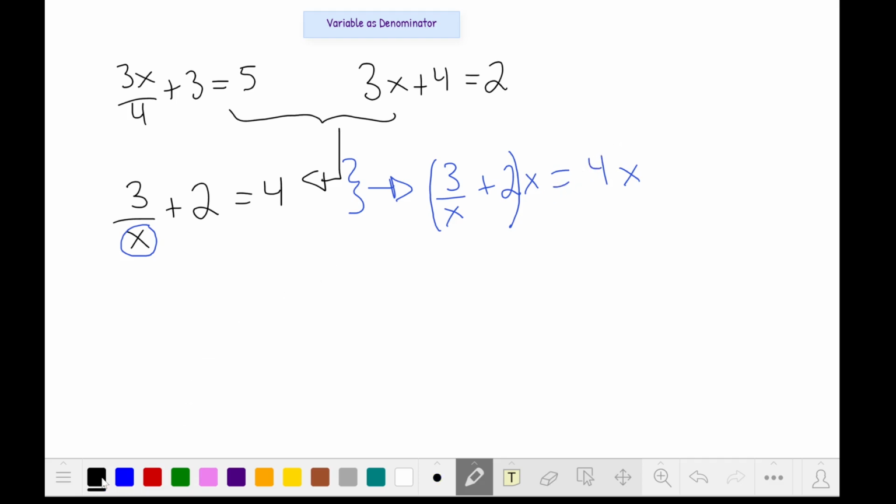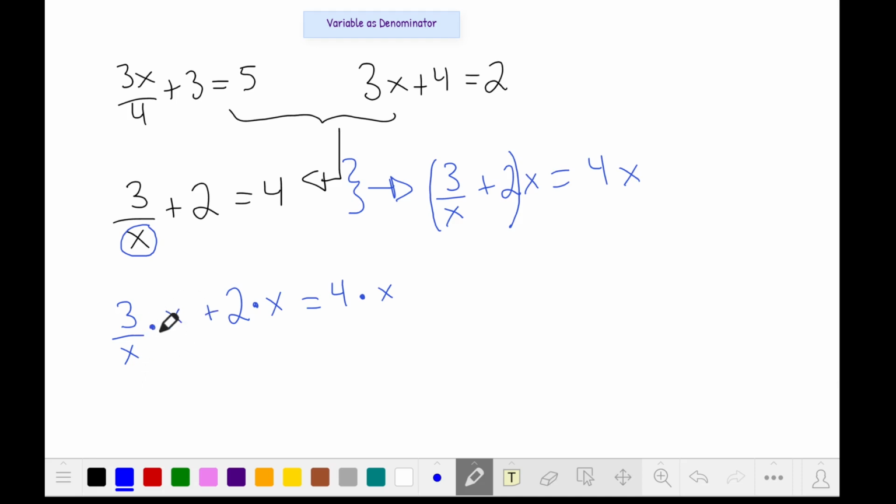So what's going to happen here? Well, we're going to have 3 divided by x multiplied by x plus 2 times x is equal to 4 times x.